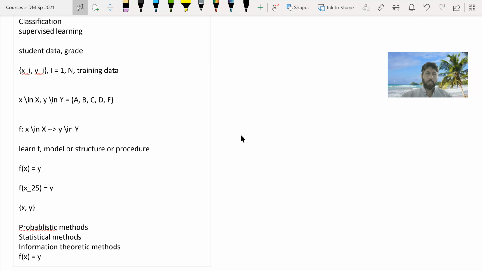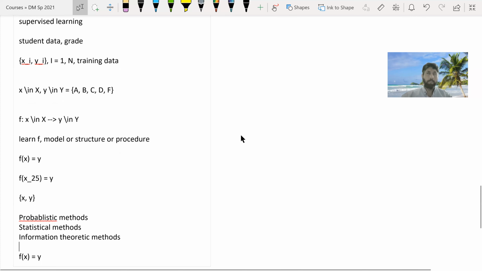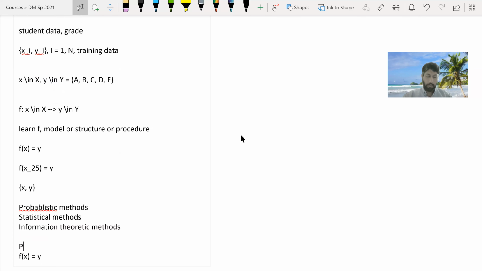These methods are based on concepts from information theory. So probabilistic uses probability theory, statistical focuses primarily on statistics and optimization, and information theoretic focuses on information theory.